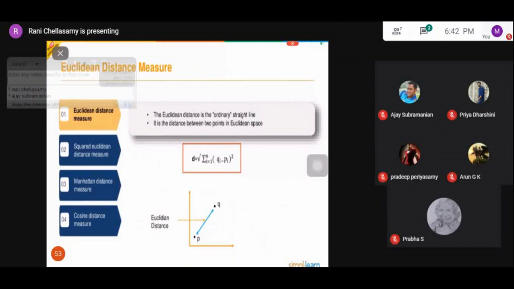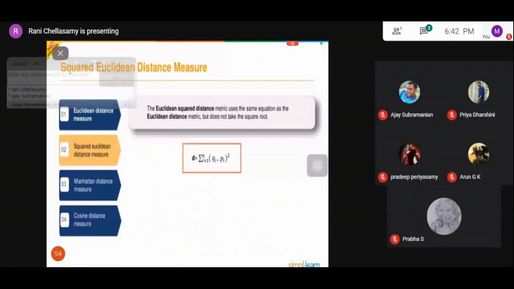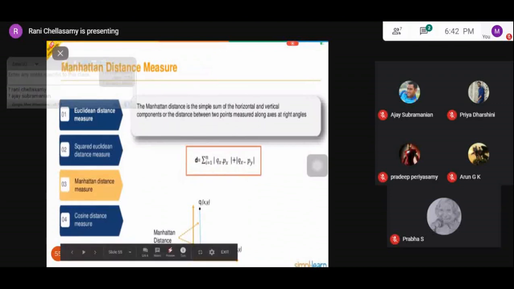Next, the squared Euclidean distance measure means you need not take the square root. This metric uses the same equation as the Euclidean distance metric, but does not take the square root. Coming on to the Manhattan distance measure, it is the simple sum of the horizontal and vertical components, or the distance between the 2 points measured along the axes at right angles.